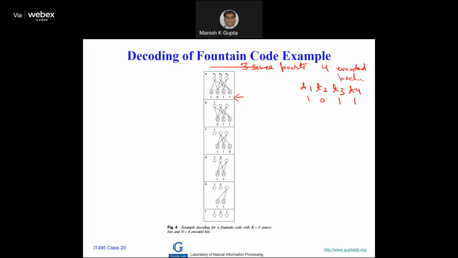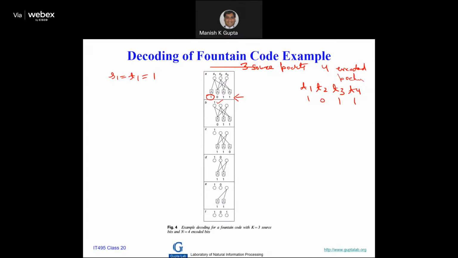T1 is equal to 1, and I set S1 equal to T1, which is 1. So S1 becomes 1, you can see that here. First, look at the check nodes to see which one has degree 1, and then replace S1 with the value of T1.